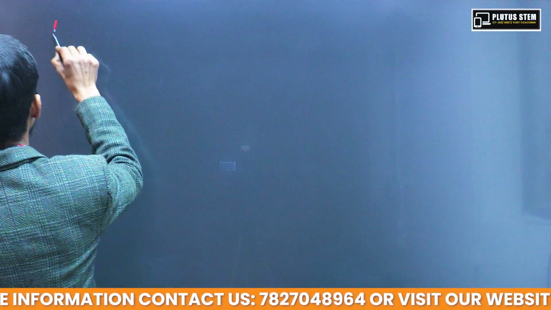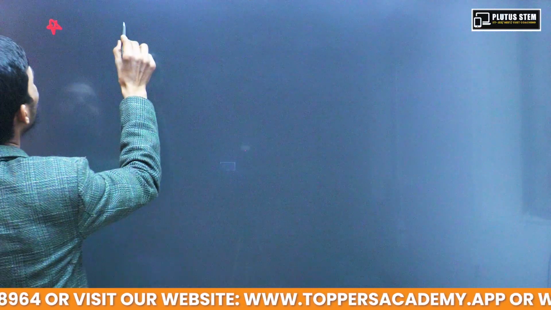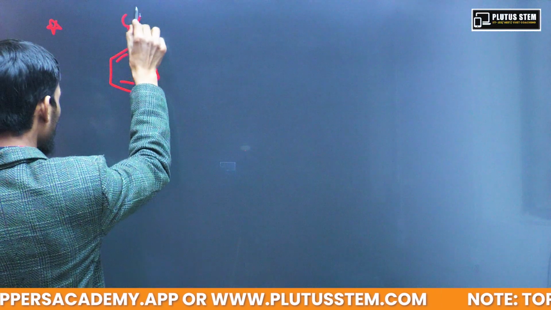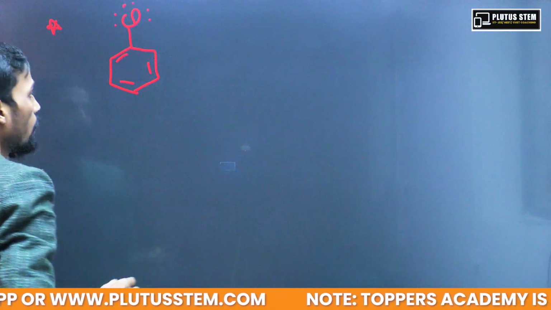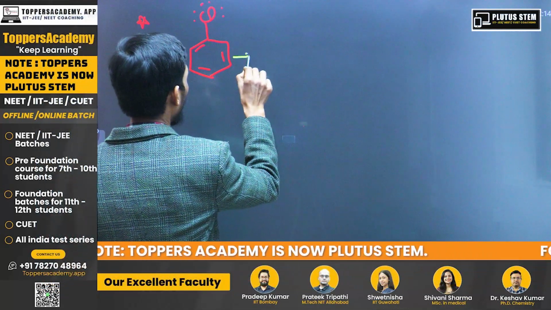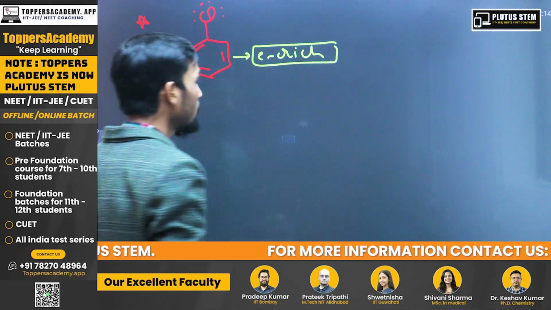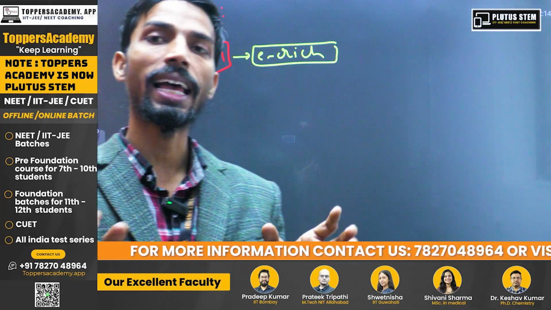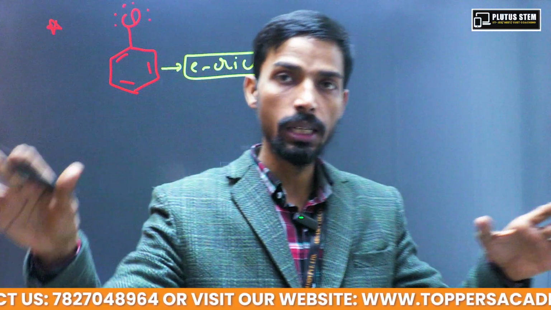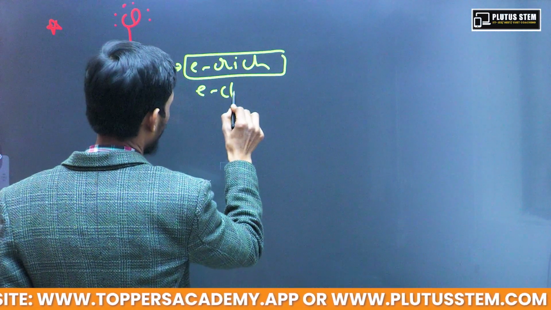Another reason, if we see, is that benzene is an electron rich moiety. The three pi bonds are electron rich. Benzene has three pi bonds, so p orbitals are there, and there is an electron cloud.